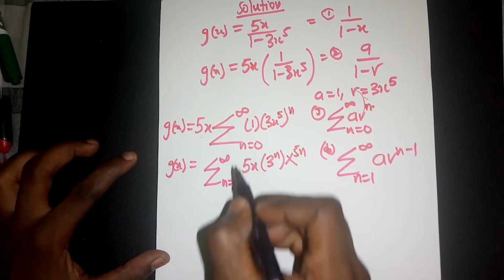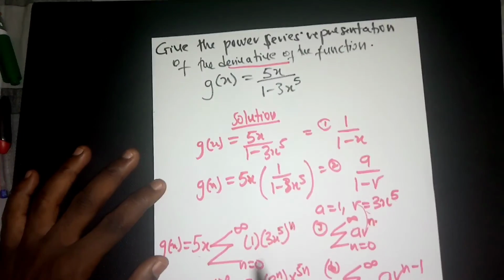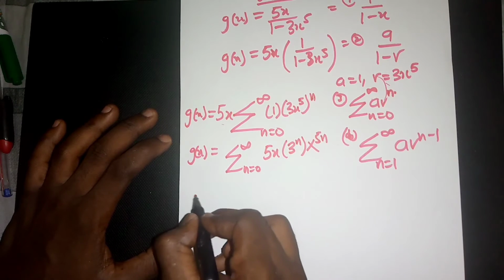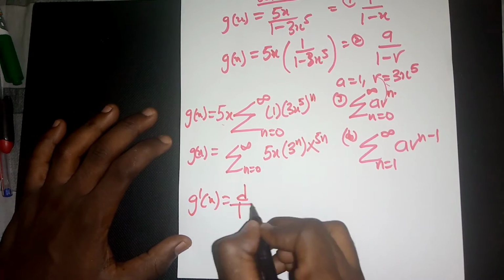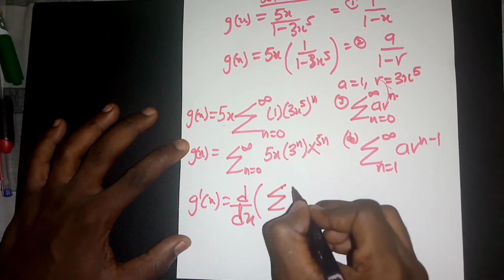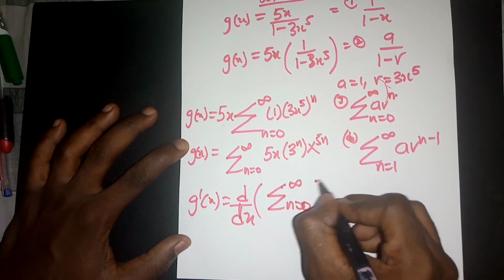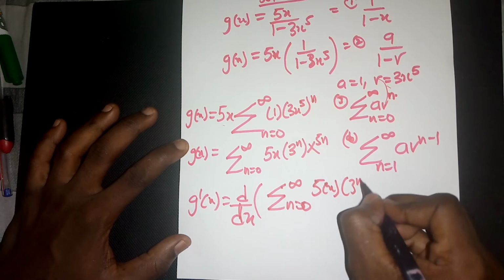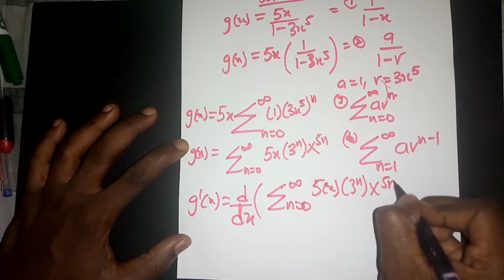Now the next thing, the question says that we should find the derivative of the function. Now that we have represented it in a power series, we have to find the derivative of g, which means d over dx of the summation from n equals 0 to infinity of 5x times 3 to the power n times x to the power 5n.